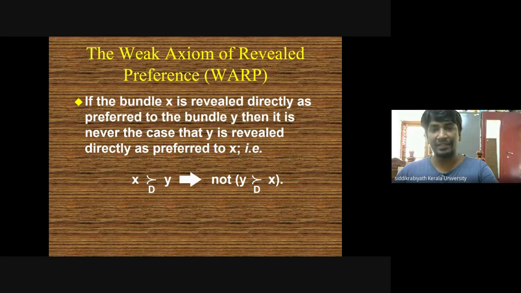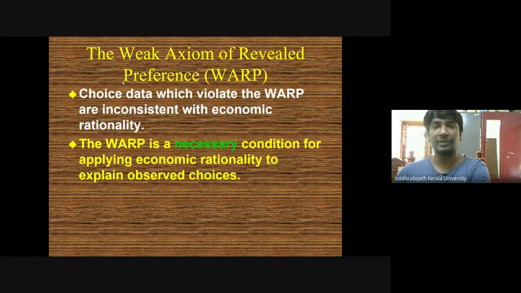So if that is the case, then X directly revealed preferred to Y implies that Y directly preferred to X is not acceptable. Okay. So this is the first point which you have to keep in mind. So choice data which violate the weak axiom of revealed preference are inconsistent with economic rationality.